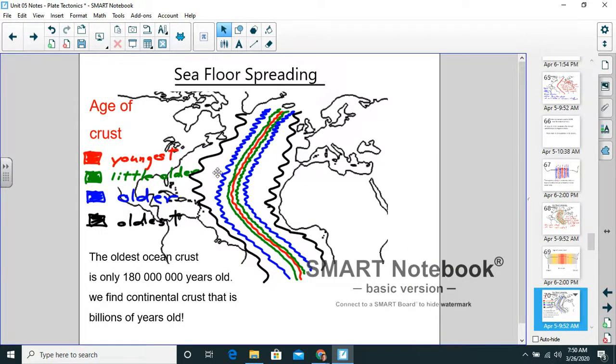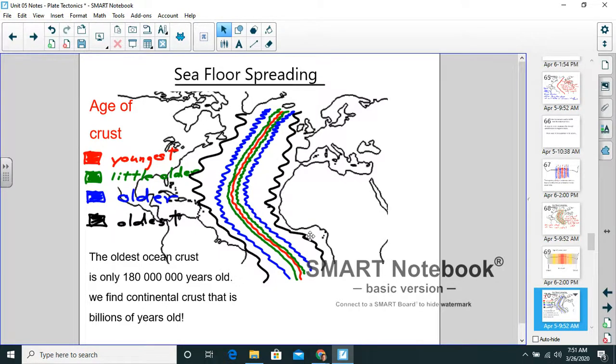So here's another picture of that, this time looking down on our map. So if you look down the middle Atlantic, right where that mid-Atlantic ridge is, the red line would represent the youngest crust that we find in the entire ocean. And alongside, on either side of the mid-Atlantic ridge, in this case the green stripes, that's a little bit older. And the blue stripes a little further away, they're older yet.